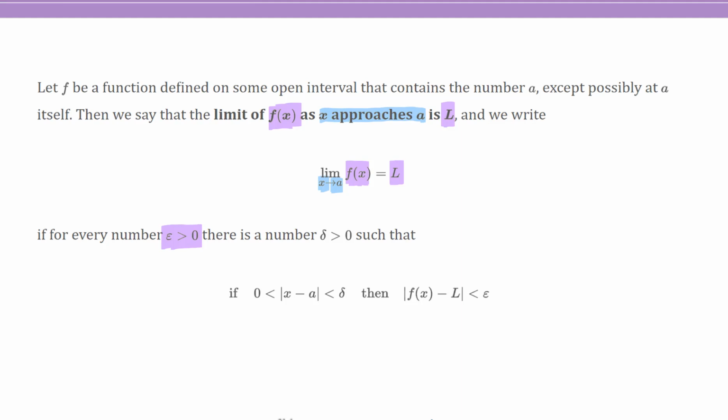So if this limit's true and everything's good, if you come up with some positive number, then there must be some other number delta, some positive number delta, such that the absolute difference, or the distance away from each other, between x and that a value is less than delta. It's also positive. Then we can guarantee that our outputs will be close enough together. Close enough, epsilon close, less than that small number, and that actually proves it.